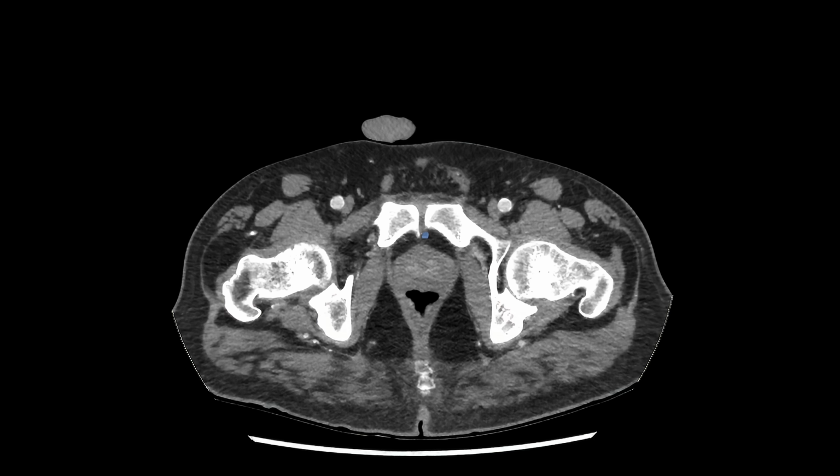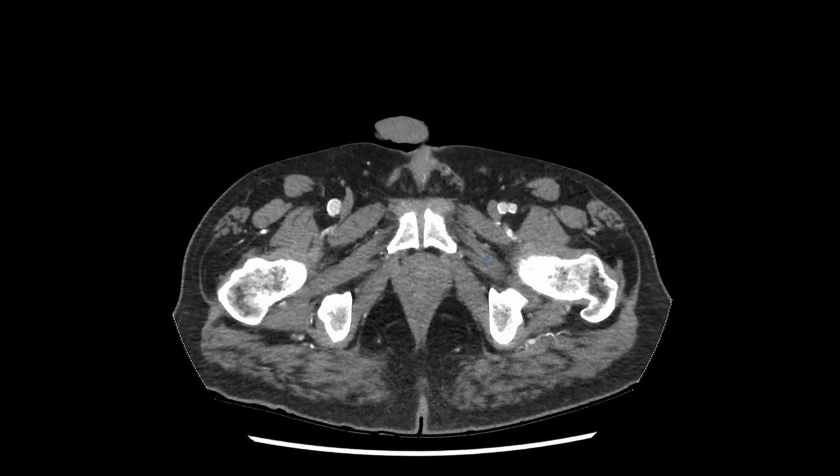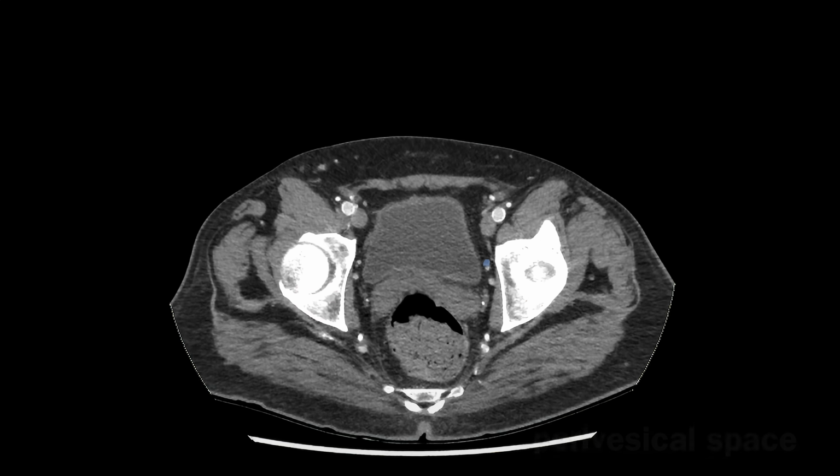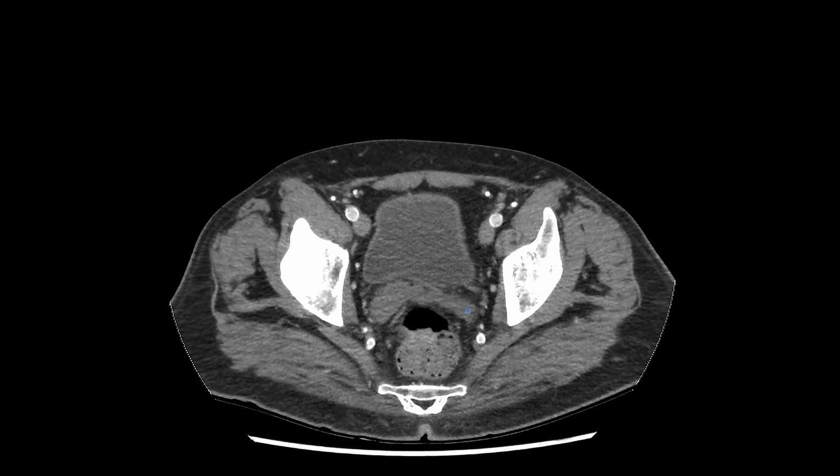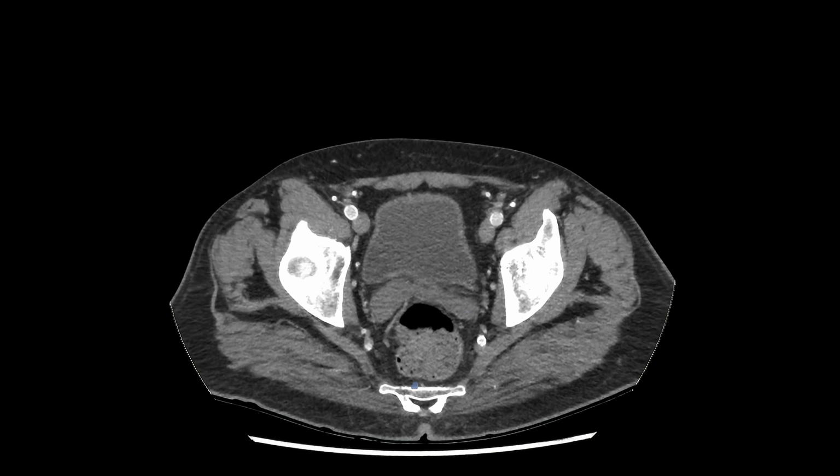These are all extraperitoneal spaces. We also have the perivesical spaces here around the bladder or beside the bladder. Posteriorly, another named space that's extraperitoneal is the presacral or retrorectal space here.